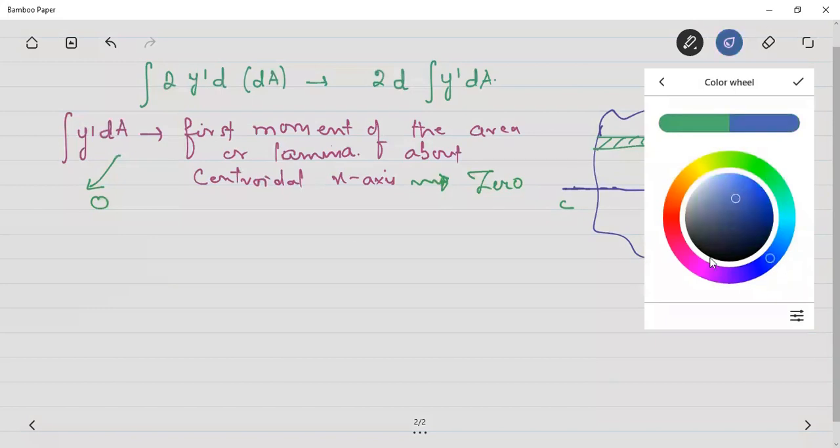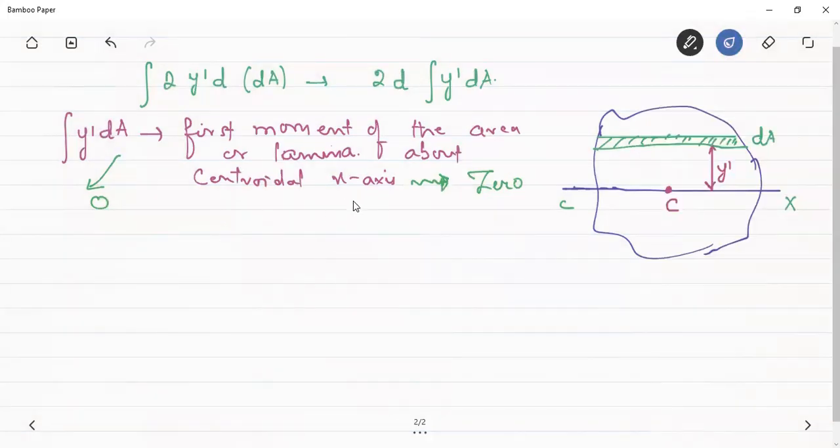So see here, if I tell you to find the y coordinate of the centroid of this lamina, obviously students will ask about which axis we have to find the y coordinate of the centroid.